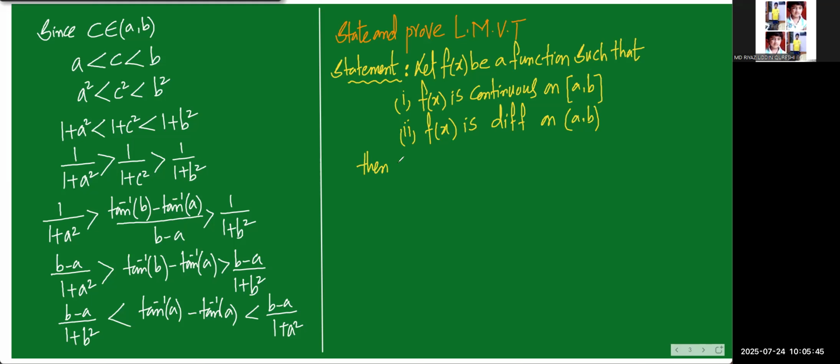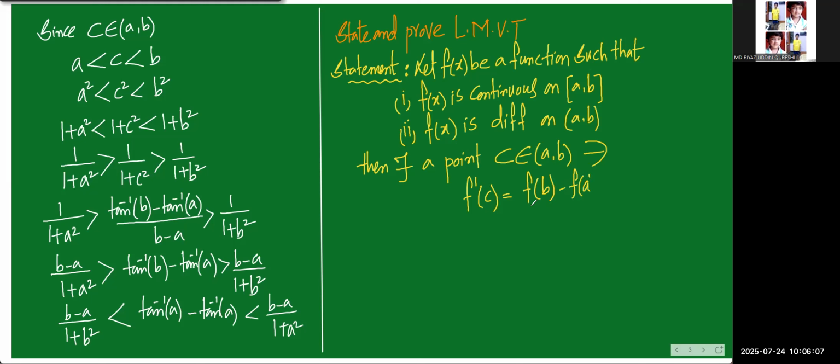Then there exists a point c must belong to a comma b such that f dash of c is equal to f of b minus f of a by b minus a.